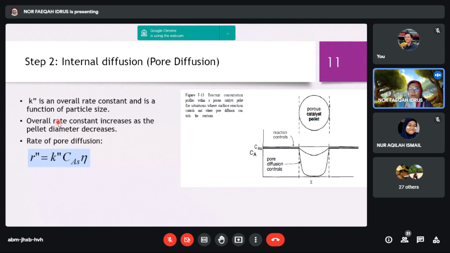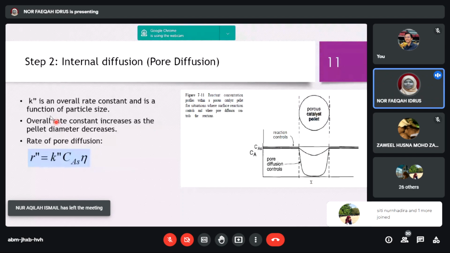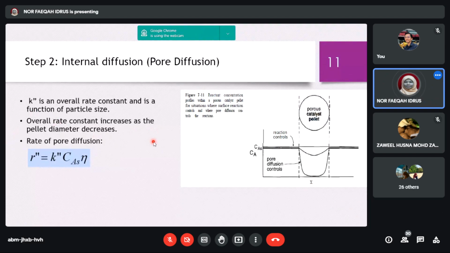Therefore, what will limit the reaction now is not the pore diffusion; pore diffusion is no longer limiting the reaction. So reaction yang limiting the overall reaction. Sebab pore diffusion berlaku, pore diffusion is much faster than the reaction to produce the product.